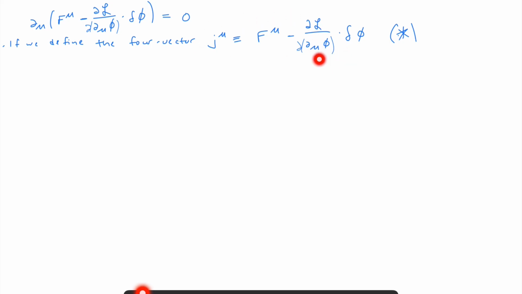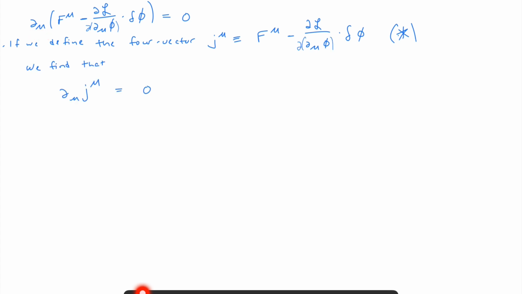And if we define the whole thing as a large 4-vector, meaning we pick a mu here, like mu of 0, and then this would be 0, this would be 0, you get one number or one function there. If you change this to 1, you'll get a different one, and so on and so forth. But the whole constellation is a constellation of 4 functions, and we call that J mu.